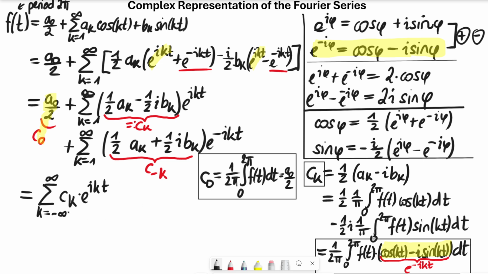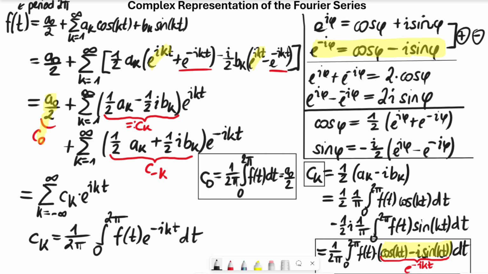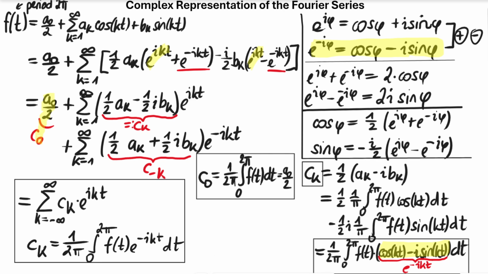So this is a summation over all integers. And I rewrite it once again. What are my c_k's? 1 over 2 pi integration from 0 to 2 pi f(t) e power minus ikt dt. So these are our final formulas. The first infinite summation over all k.